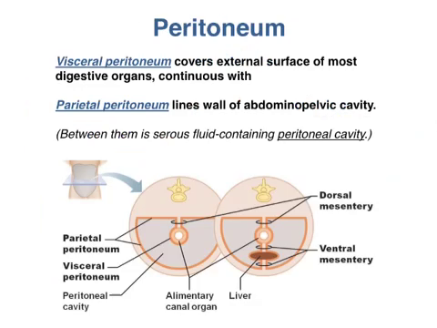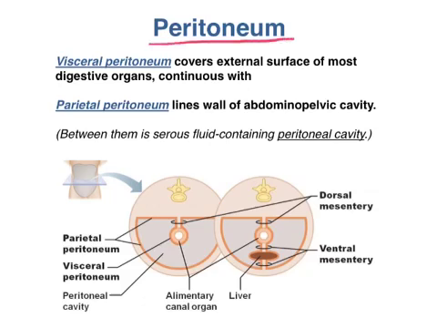Now, most of the organs of the digestive system are located in the abdominal cavity, everything below the esophagus pretty much. So your stomach, your small intestines, your large intestine, your rectum, your liver, your pancreas, your gallbladder, they're all in the abdominal cavity. And most of the organs in the abdominal cavity are surrounded by a serous membrane known as the peritoneum.